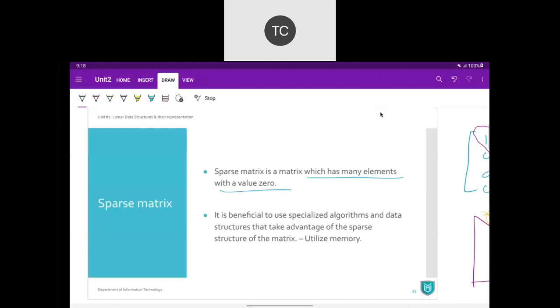Now when we say dense, almost entire matrix is full with some data, then it can be called dense. Well, so it is beneficial to use specialized algorithms here so that the data structure takes advantage of the sparse structure of your matrix, and that's nothing but the utilization of your memory.